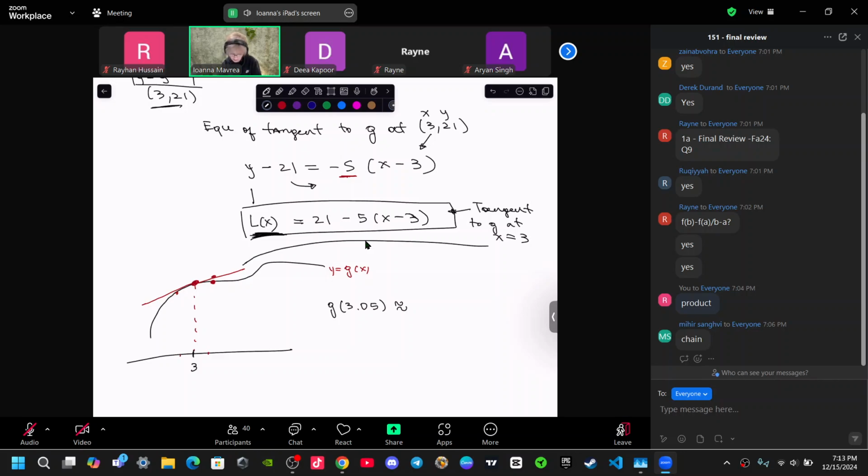So this is this line, right? So this is approximately what I get when I plug in 3.05 inside this tangent line. So the x is going to become 3.05, right? So this is the same as 21 minus 5 times (3.05 minus 3). That's the answer to part B.